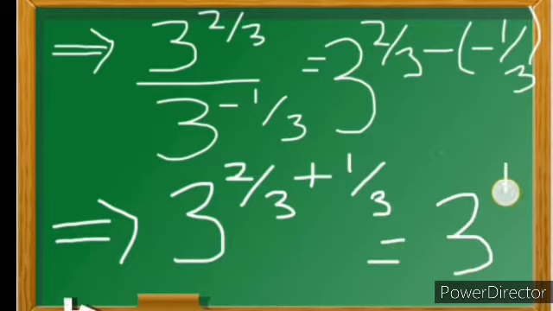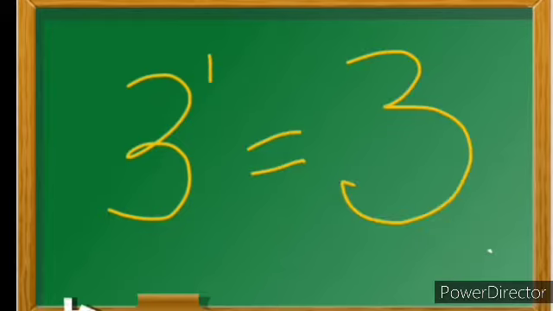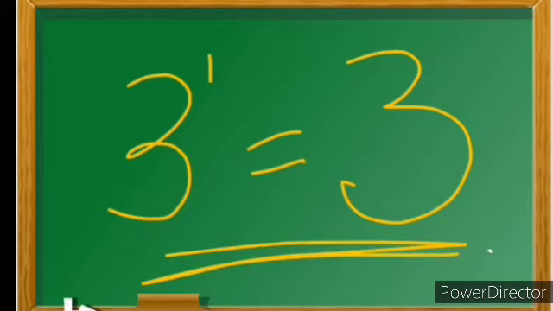And that leads us to 3 raised to power 1. And we all know that 3 raised to power 1 is equal to 3. So our final answer is 3.